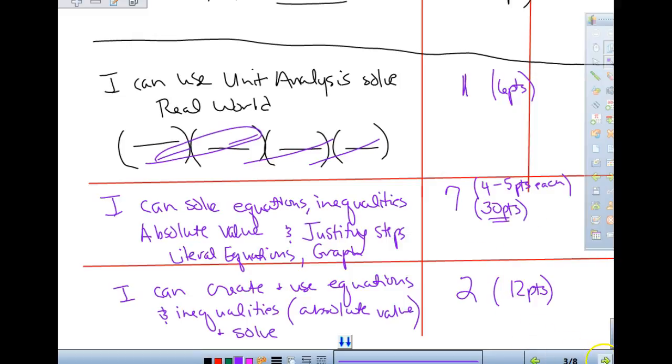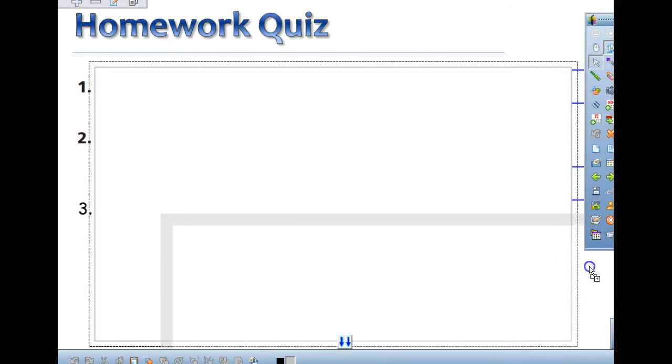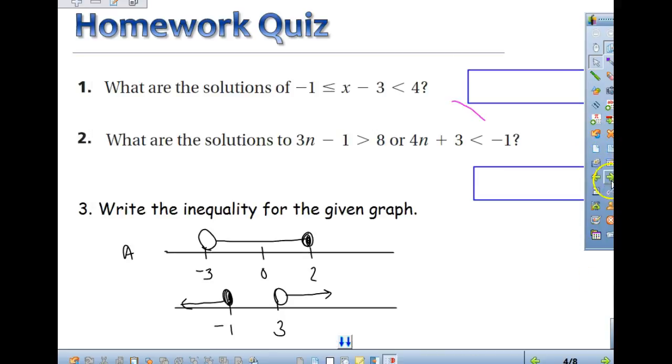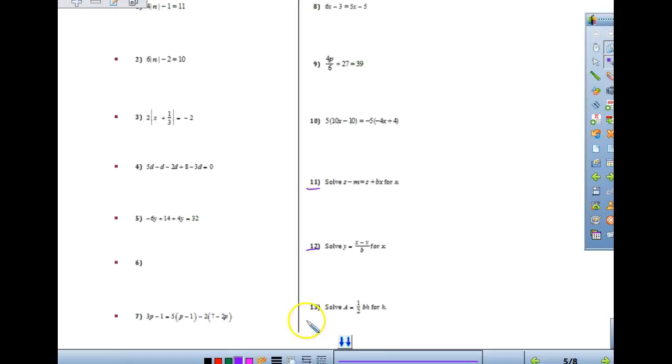So as you are looking at this, if you would turn to your workbook, and the A13 is where you're going to start. And the literal equations are like 11 and 12, maybe 13, yep, 11, 12, and 13. Okay, so you start with that first page.